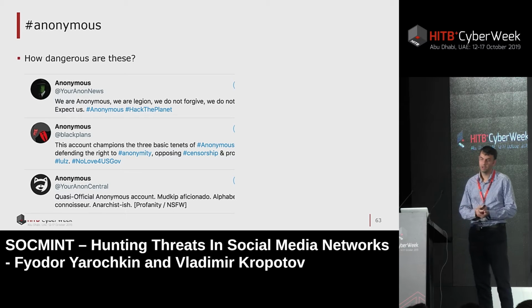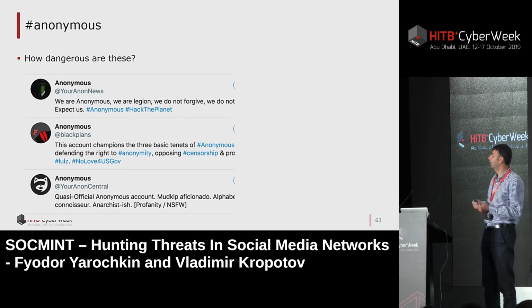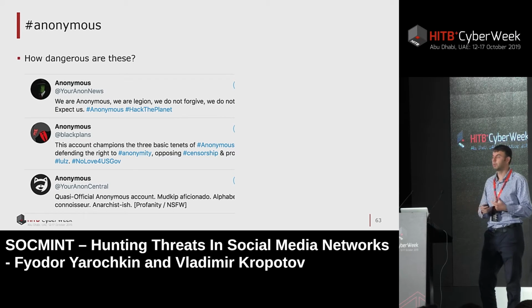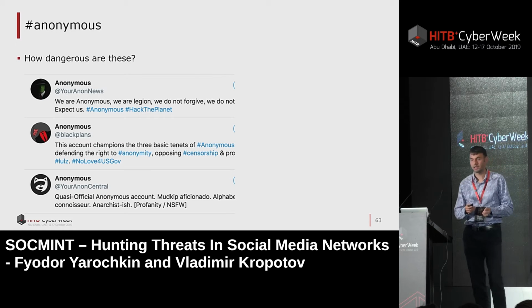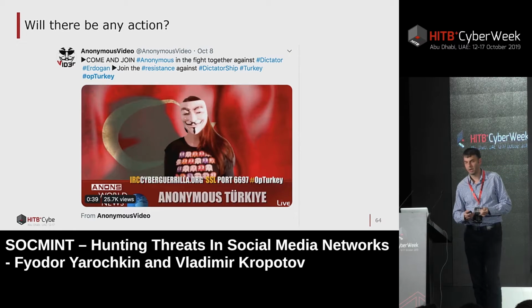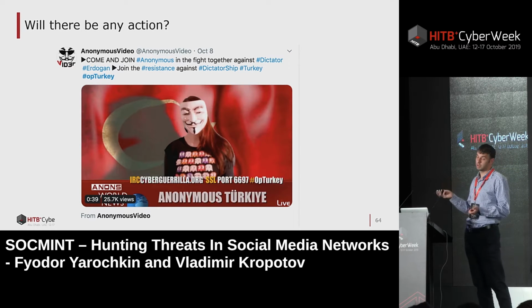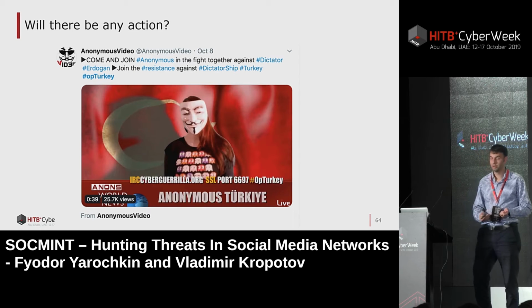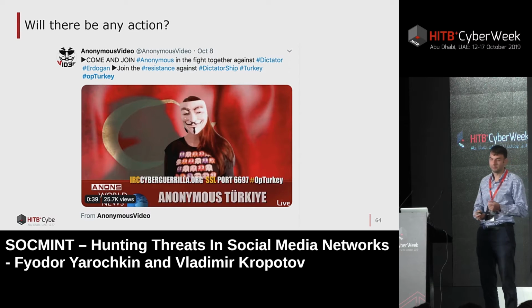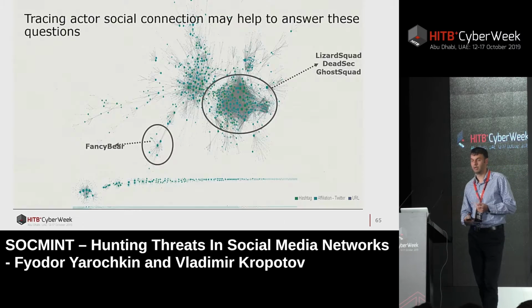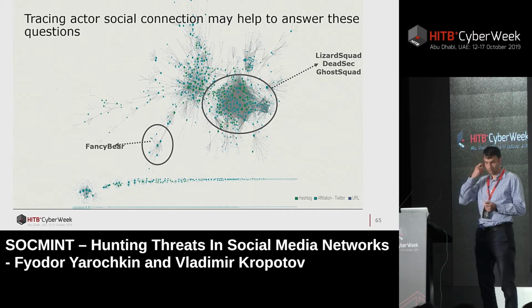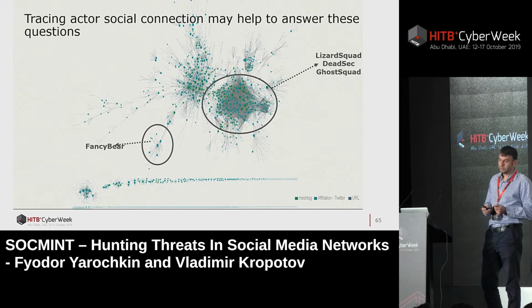Another topic is analyzing groups like Anonymous, because they publicly announce attacks on particular infrastructures. Now Turkey is going hot, and there are some activities expected from Anonymous groups against Turkey, or the Turkish infrastructure.